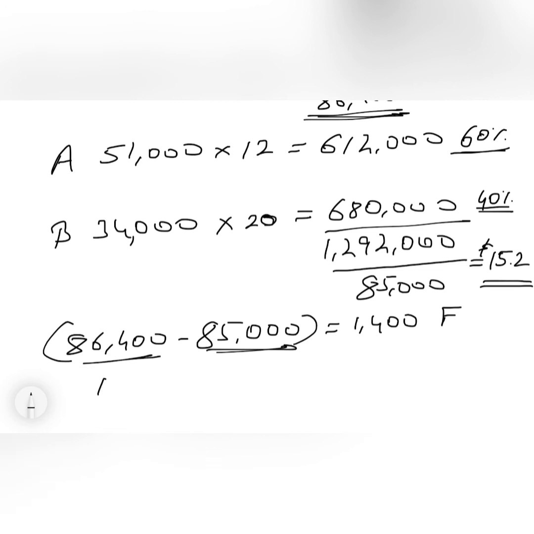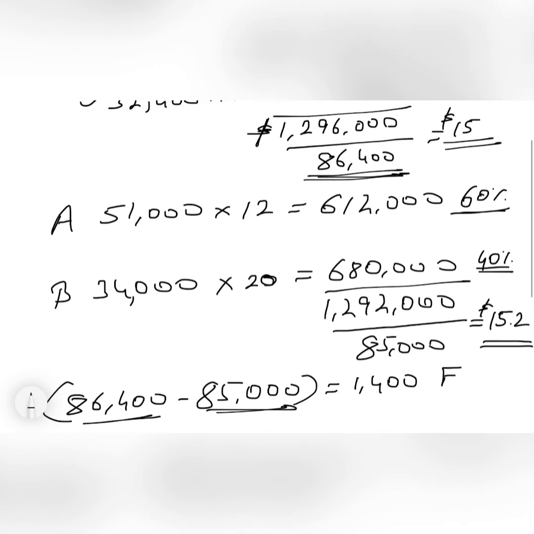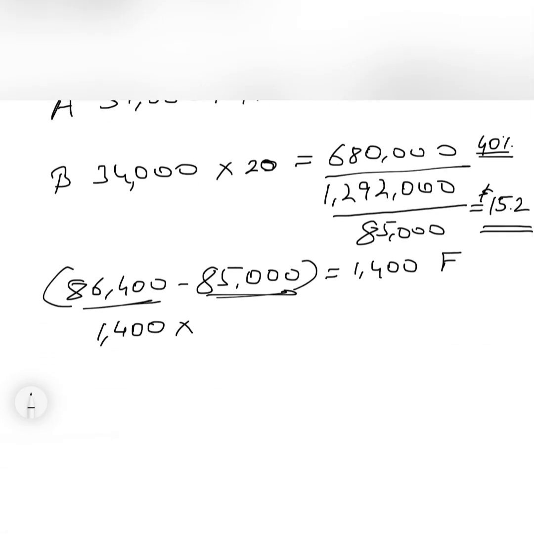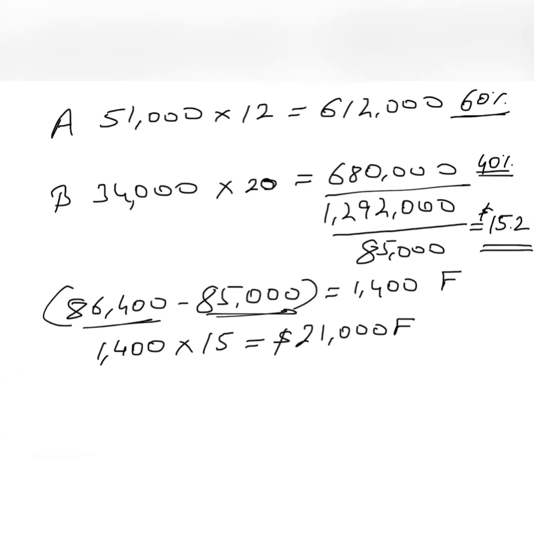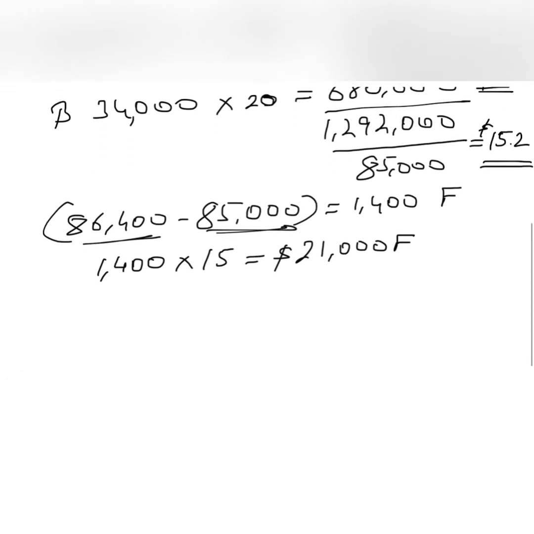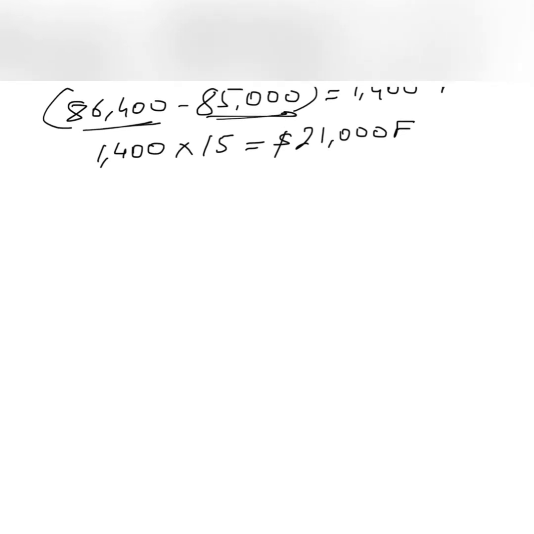Now, if you take that 1,400 hours and multiply it by the rate, and anytime you multiply the quantity or the hours by the rate, it is always going to be a standard rate. We know the average standard rate here is $15. So we're going to use that $15, and that brings us to $21,000 in favorability.